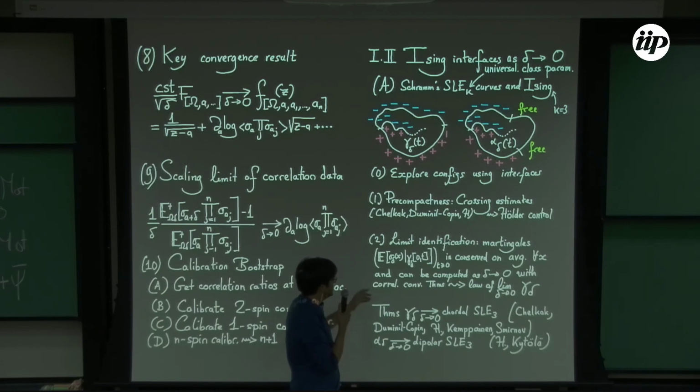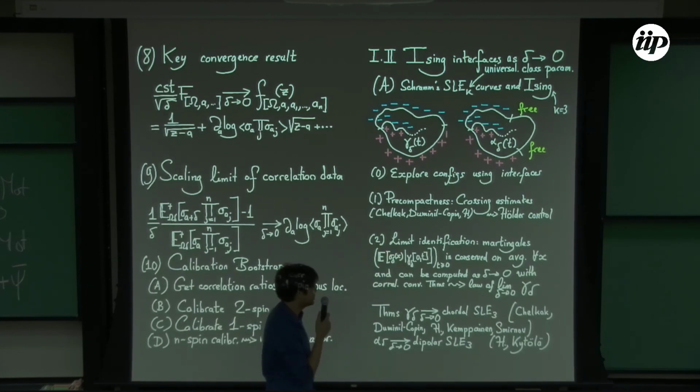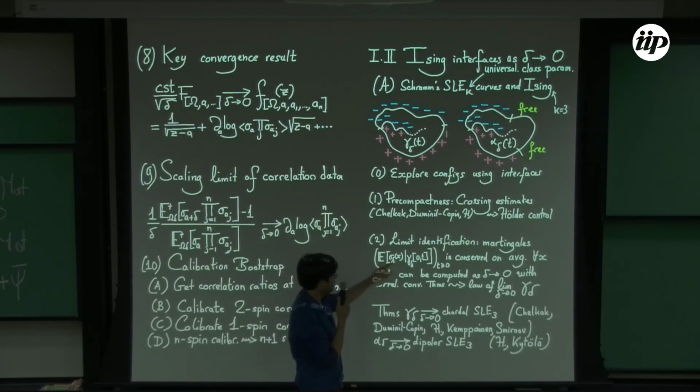So it's a fairly powerful tool because it allows you to identify a whole curve from the knowledge of only certain quantities. So here, what I'm arguing is that from the knowledge of say the 1-point spin function in a plus-minus domain, you can bootstrap your information to get the law of the curve.